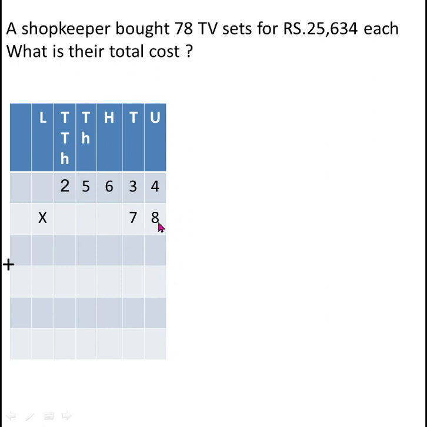First I multiply by 8, then I multiply by 7 tens. Multiply by 8 units, then you will get 2,05,072.